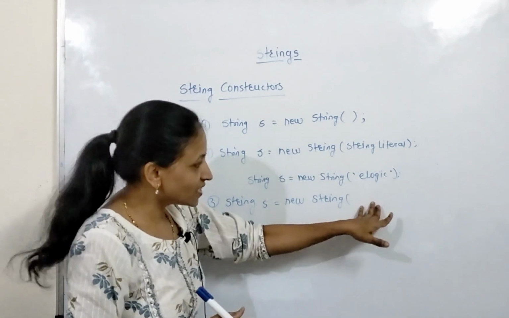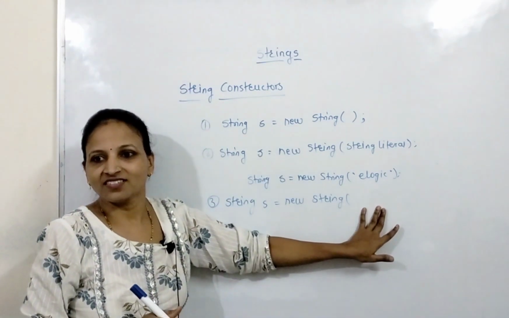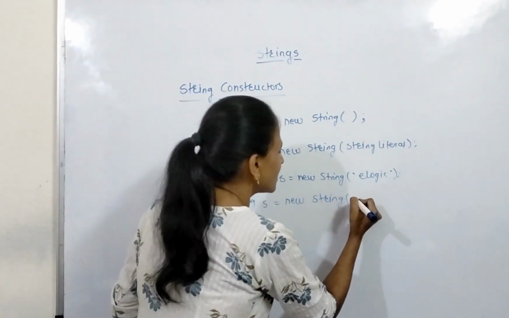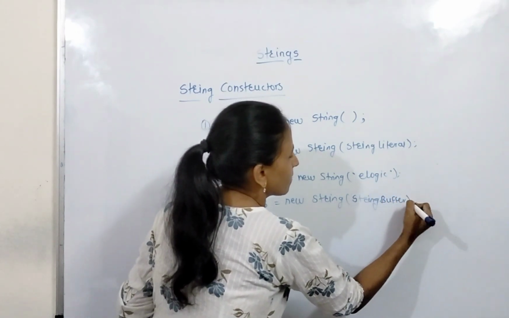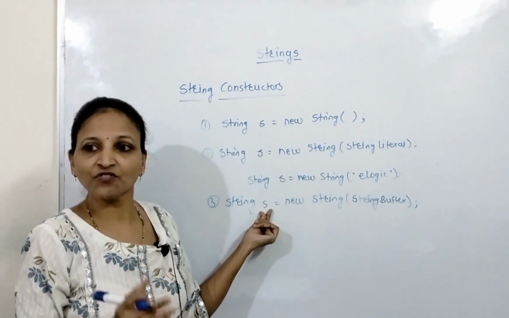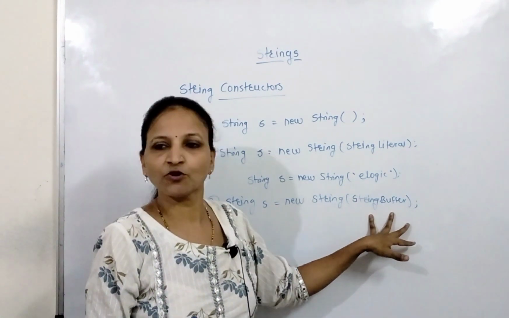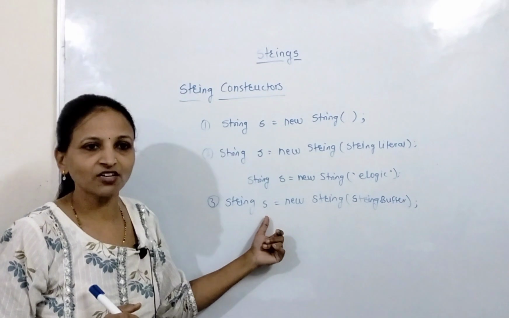Then you can pass that StringBuffer object here. Get it? Here you will pass the StringBuffer object, which means an equivalent string of that StringBuffer object will be created here.